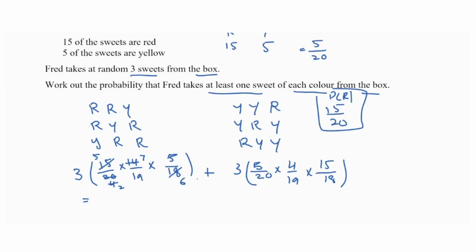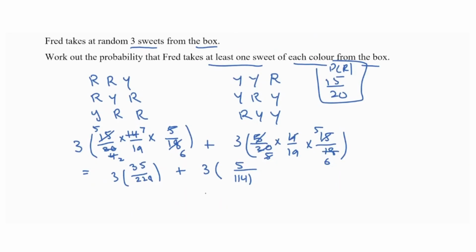That gives us 35 over 228, times by 3 plus 3, and we're going to cancel out again from here. 4 goes into 5, 5 goes into 5, and 3 goes into 6. So we have over here 5 over 19 times 6. This is 114. Okay, let's carry on working with this.